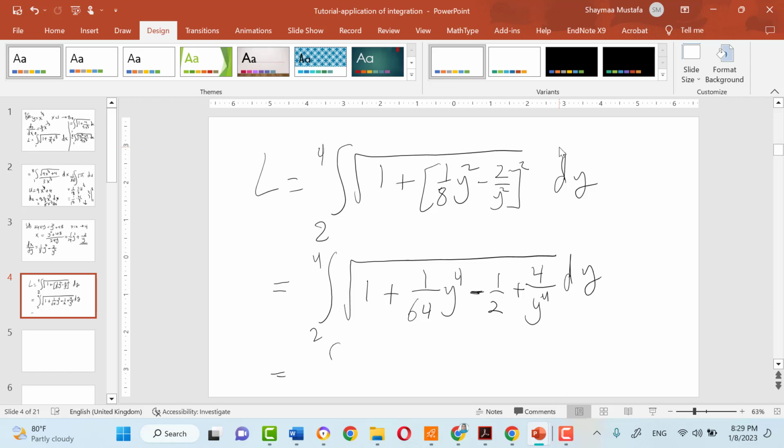Okay, this one is the integration from 2 until 4 of 1 over 64 y to the power 4 plus 4 over y to the power 4 plus 1 over 2, dy.